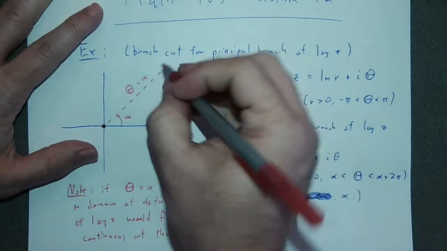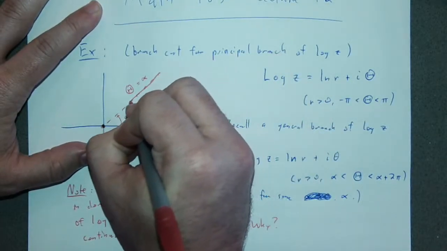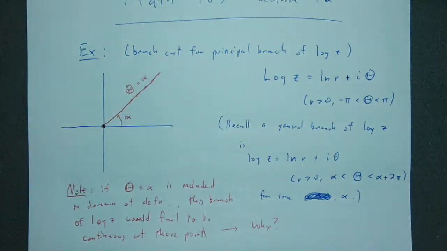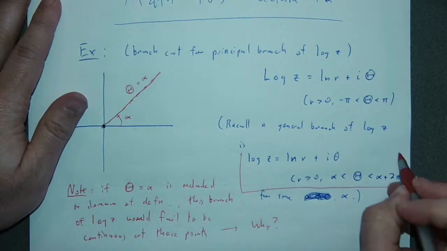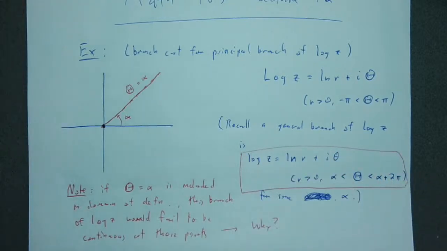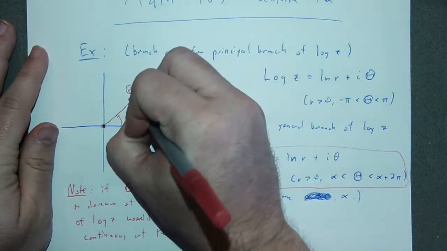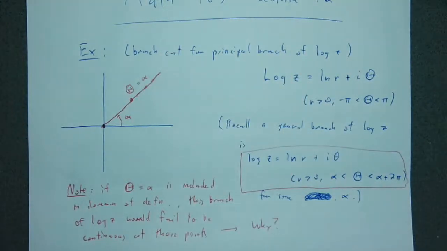So let's say that we try to include this ray in the definition of this, let me box this. What's the problem? Well, if I pick a point here on this ray, what is the problem?